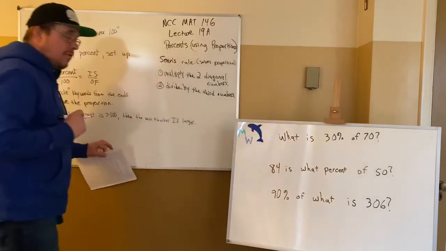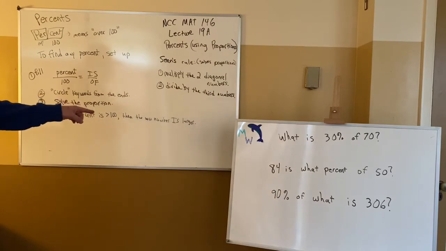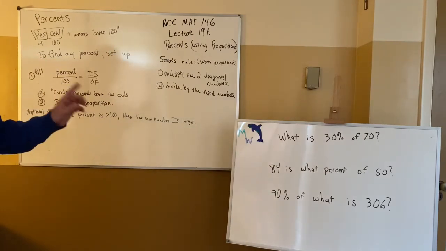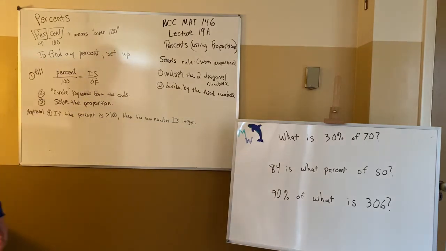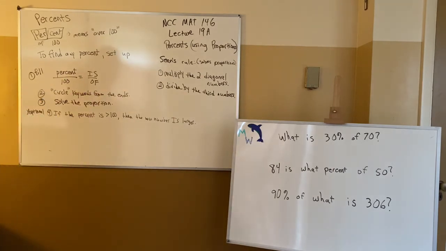That's what I go with. There's more to it that you can think of, but if your percent is over 100, the number you made is larger than the old number. The is will be larger when you're over 100%. The is will be smaller than the old of number when you're below 100%.